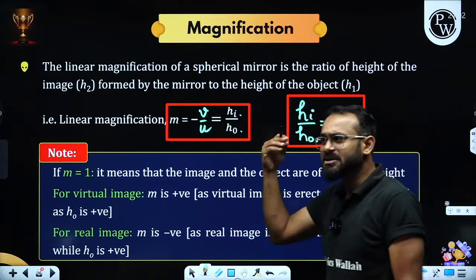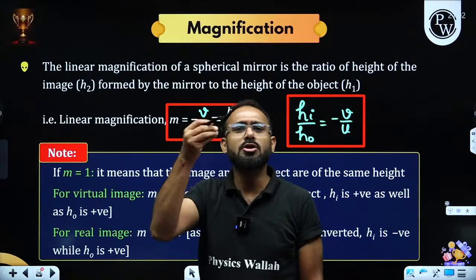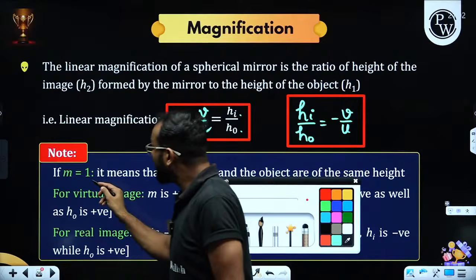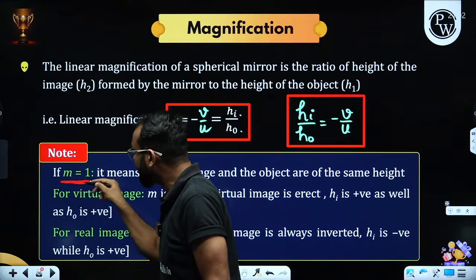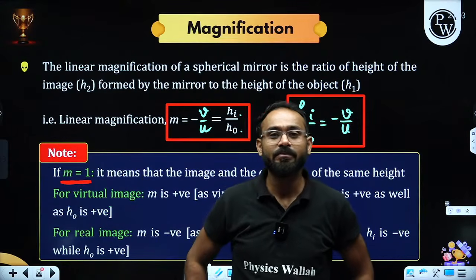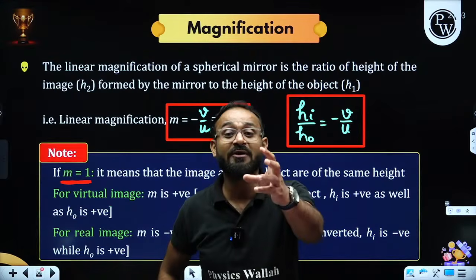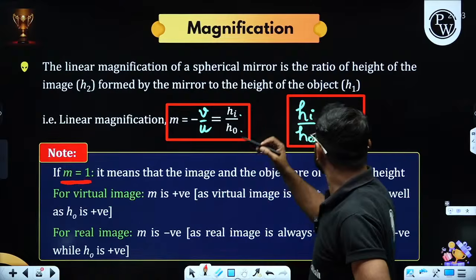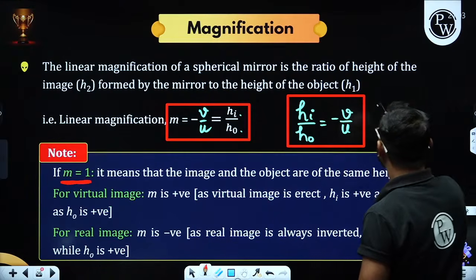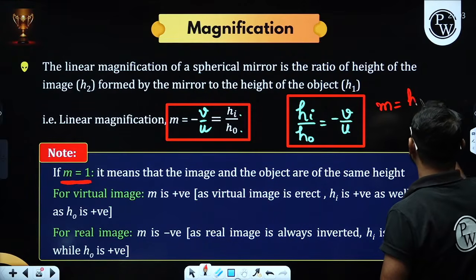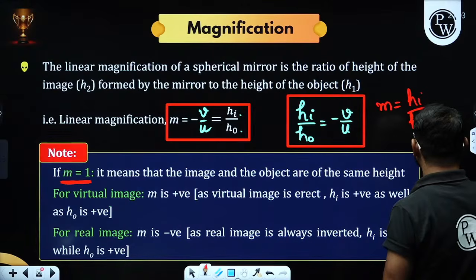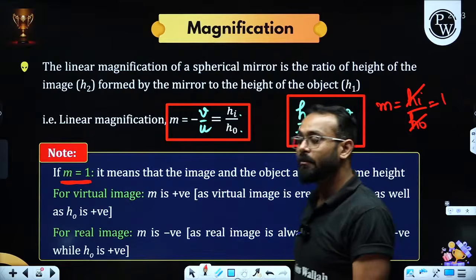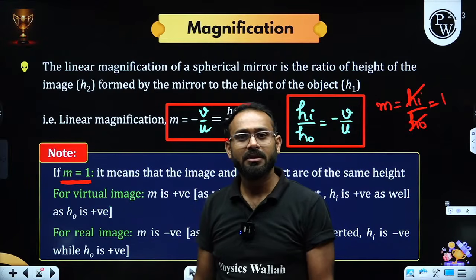There is something else you also need to know. If you are provided with magnification equal to 1, what does that mean? If the formula of magnification is height of image to height of object and you are getting 1, that means both heights are the same.